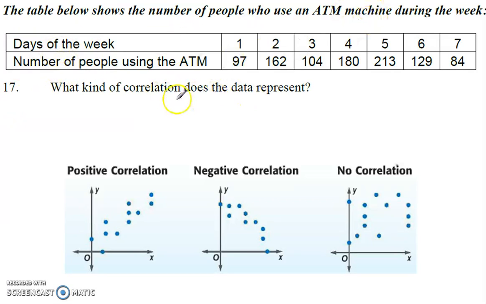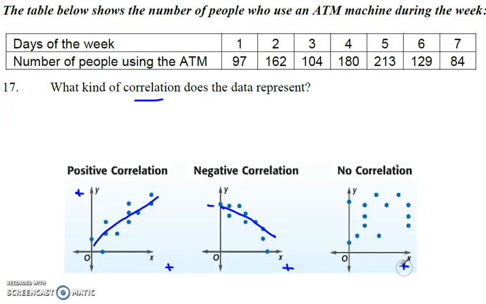Alright. Correlation. Remember, we have positive correlation if we can tell overall the line's going up. If we can tell overall the line's going down, that's a negative correlation. So as x increases, y increases. So if this is positive and positive, overall positive correlation. If as x increases, y decreases, that's a negative correlation.